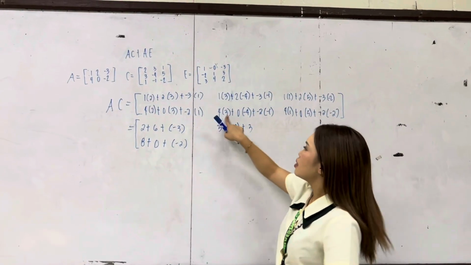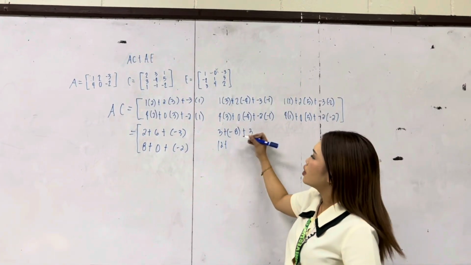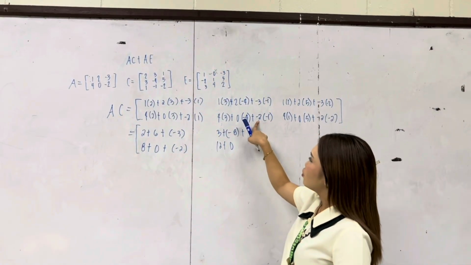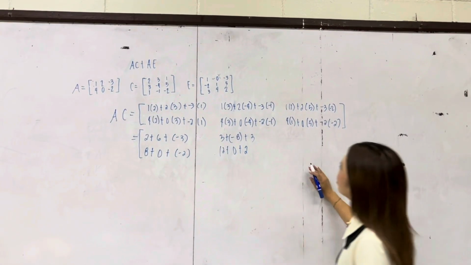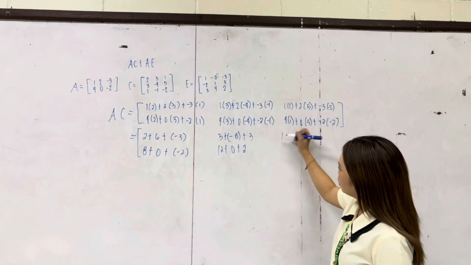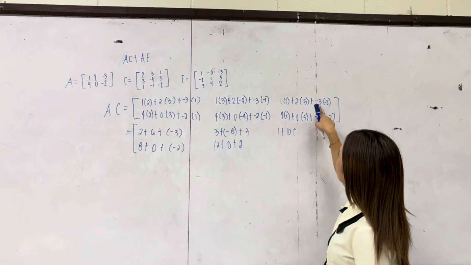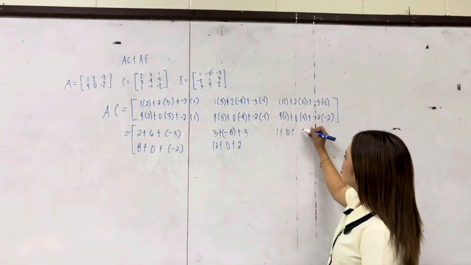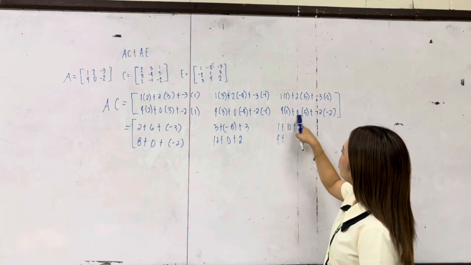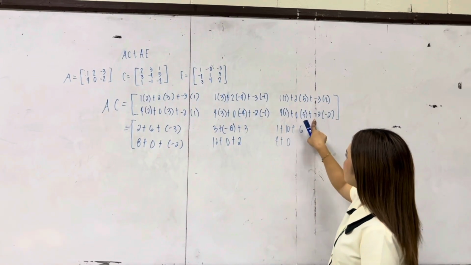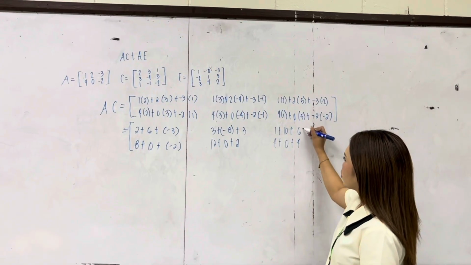Next, 4 times 3 is 12 plus 0 times negative 4 is 0 plus negative 2 times negative 1 will become positive 2. 1 times 1 is 1 plus 2 times 5 is 10 plus negative 3 times negative 2 is positive 6. 4 times 1 is 4 plus 0 times 5 is 0 plus negative 2 times negative 2 is positive 4.